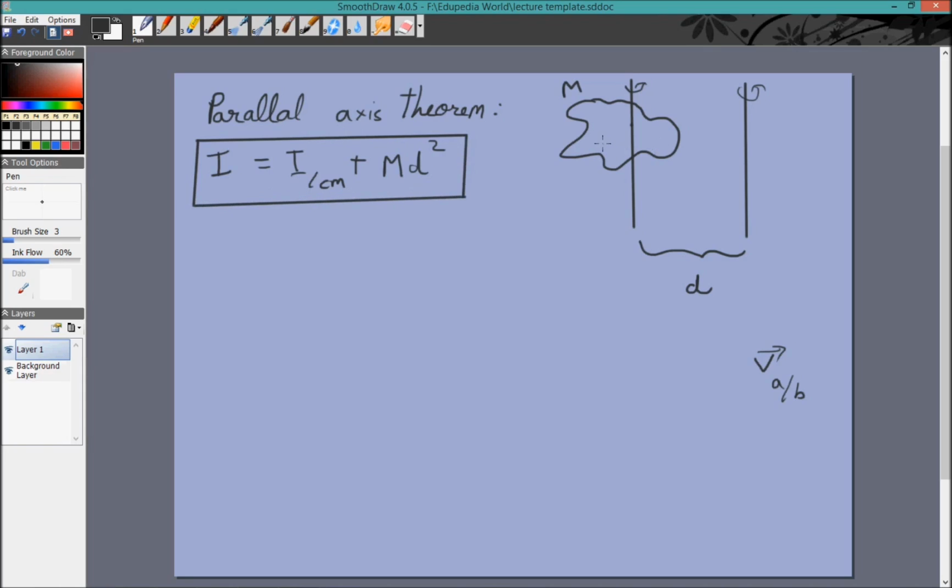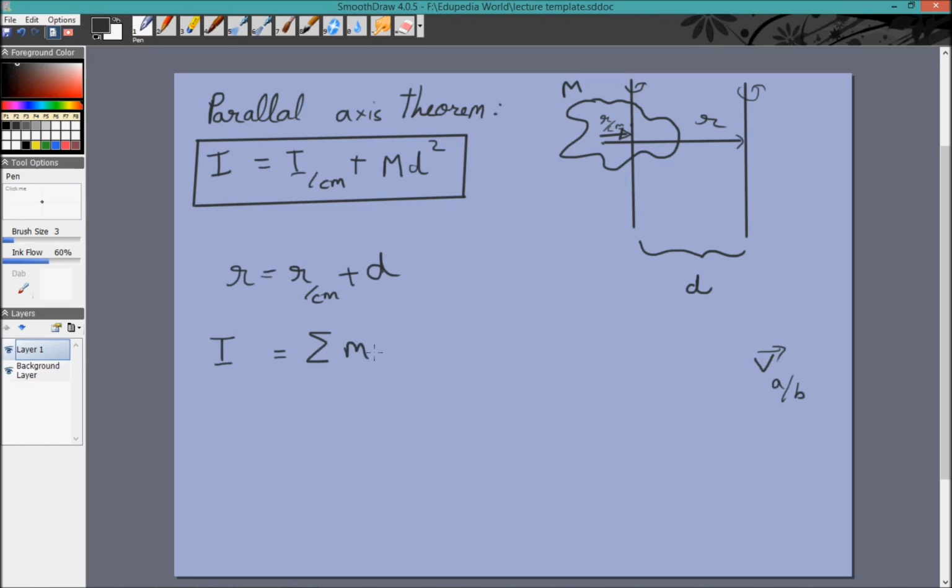So for any object, let this total distance be R, let this distance be R Cm, R with respect to Cm, and this distance be D. So we know that R is equal to R with respect to center of mass plus D, right? I for us will be summation of m r squared, right?